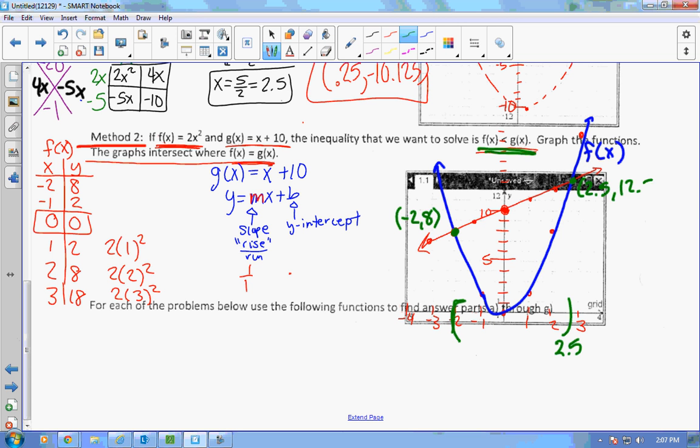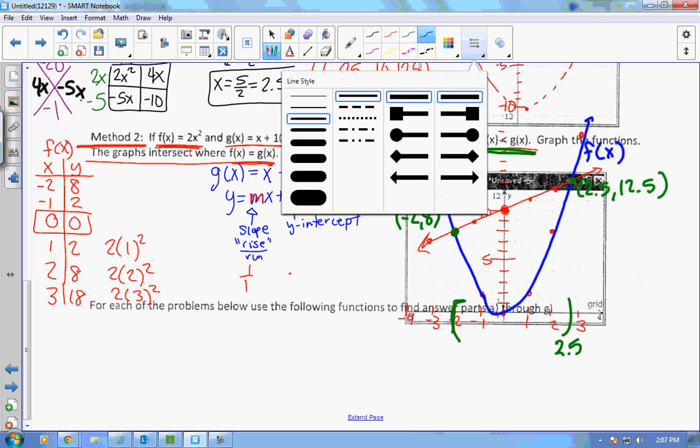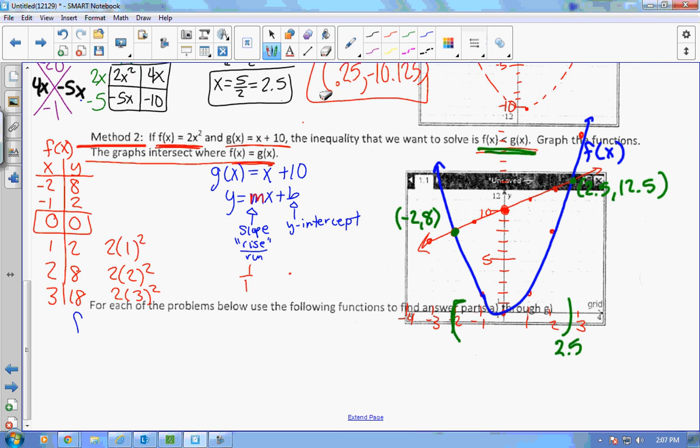So the answer to our question of when is f of x less than g of x, it happens at an interval of time. It has to be a parenthesis because at the intersection point, they're actually equal. They're not less than or greater than.